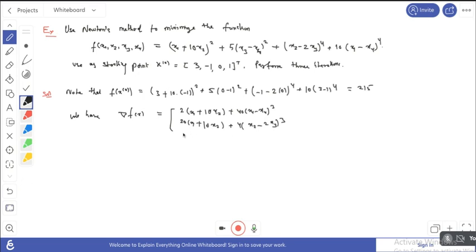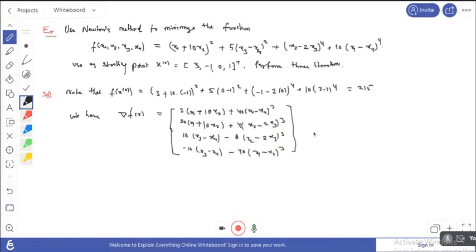With respect to x3, this becomes 10 x3 minus x4, minus 8 times (x2 minus 2 x3) cubed. With respect to x4, this is x3 minus x4, minus 40 times (x1 minus x4) cubed. So this is your gradient.